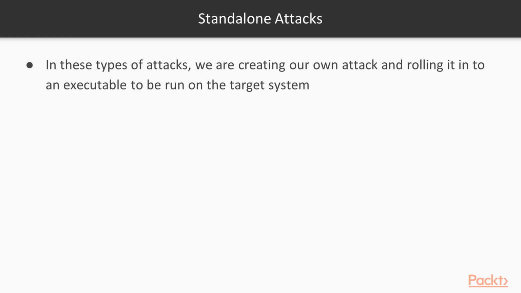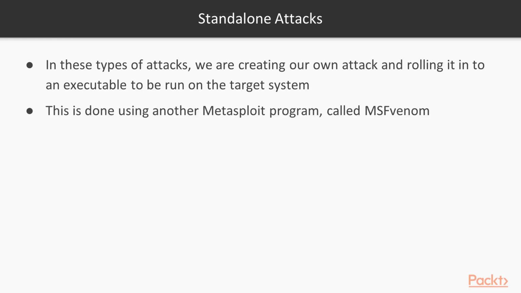In this case, we're not taking advantage of any particular vulnerability except the vulnerability of the user themselves and getting them to actually execute it. Now, when we do this, we use another program called MSFVenom in order to wrap that up into an executable, and then we just have to deliver it to the endpoint.